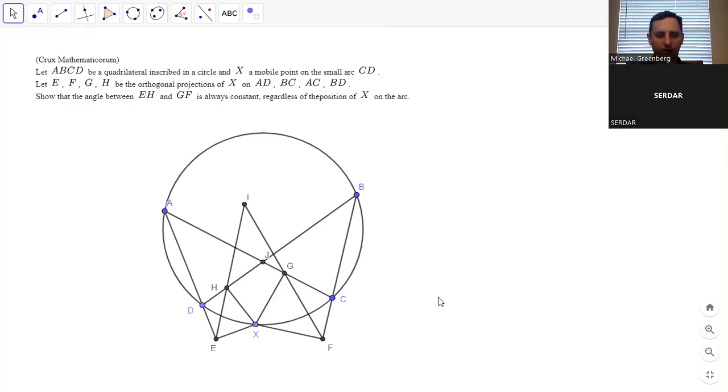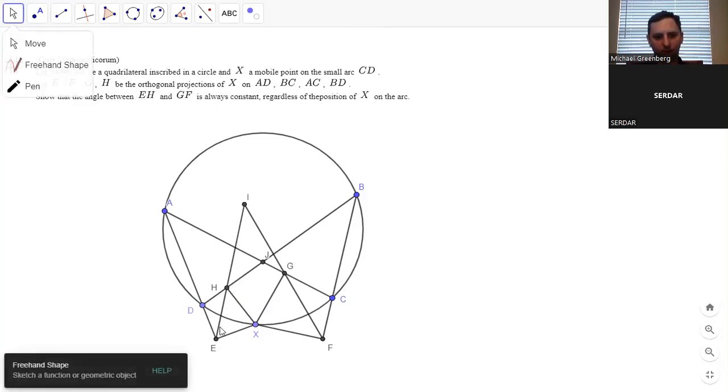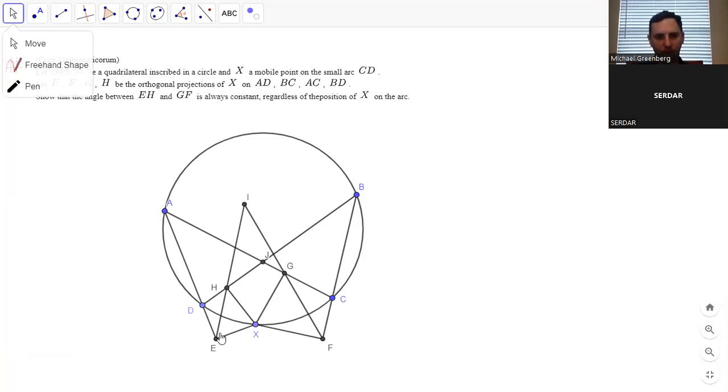Let's see. Maybe we could calculate, because BD and AC are fixed, the angle. Equals angle DAJ, and it's easy to calculate from just angle chasing.